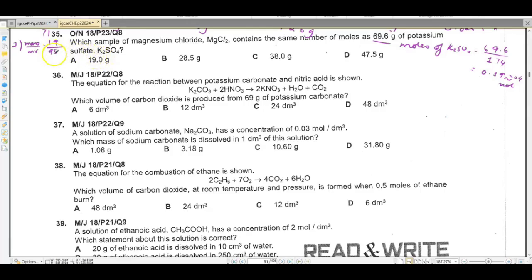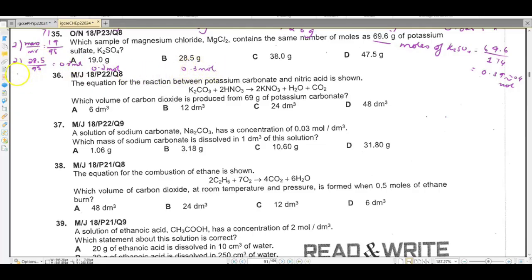So this gives us the moles to be equal to 0.2. For the second option, when we have 28.5 grams, this is the mass and this is the Mr, so this is going to give us 0.3 moles.